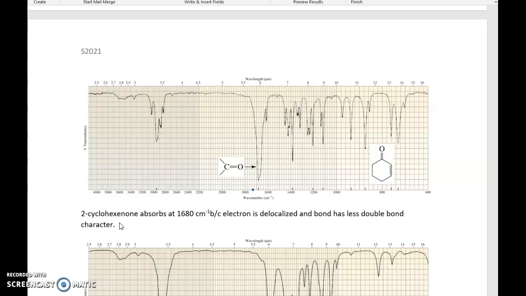But when we have 2-cyclohexanone, it absorbs, this is the 1720, so that is absorbing a little bit to the right. And that's because we've got resonance going on here. And so this bond is not as strong as a regular ketone bond was before, and so it's downshifted.